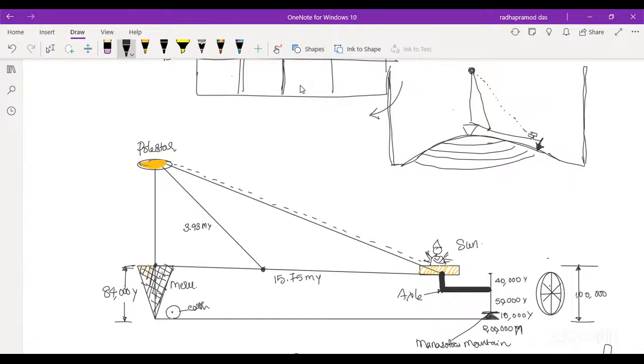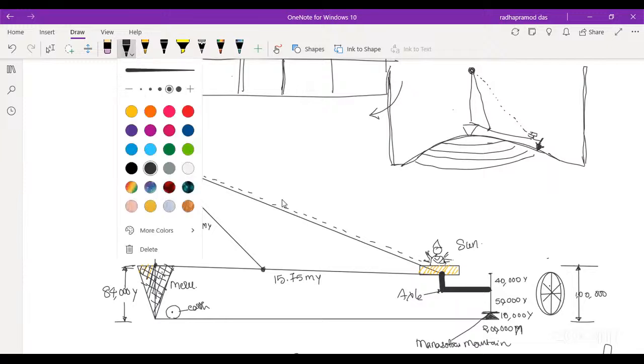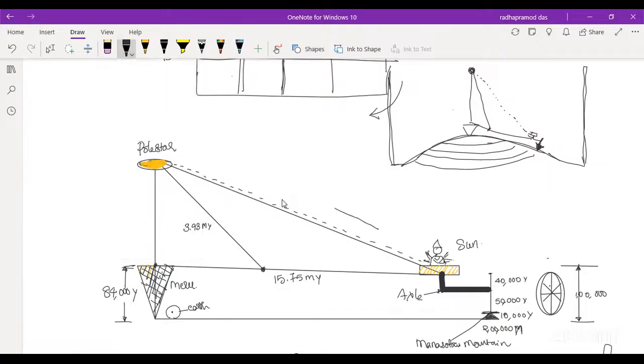So this is the axle. This wheel moves front and back on this axle, but the sun also moves up and down this lane. So the actual movement of the sun is up and down.